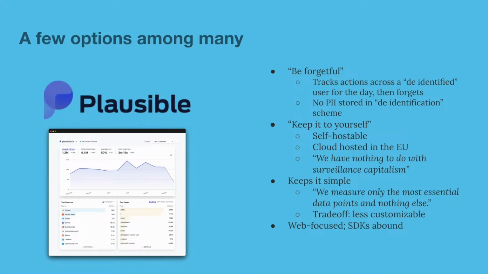So it does track user activities within a day. If you visit page A and page B and page C, you can see that that was the same user instead of perhaps 3 different users each visiting one page. But at the end of the day, it forgets that unique identifier, right? And so what they say is that the actions are all de-identified. And de-identification is a difficult tightrope to walk.